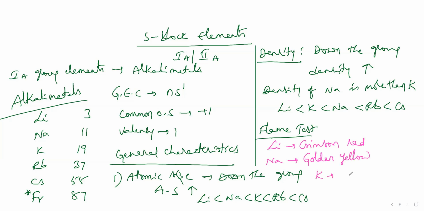Potassium, lilac color. Lilac means almost near to pink. Rubidium, red or violet. Cesium exhibits blue. Okay, so these are flame tests given by alkali metals.